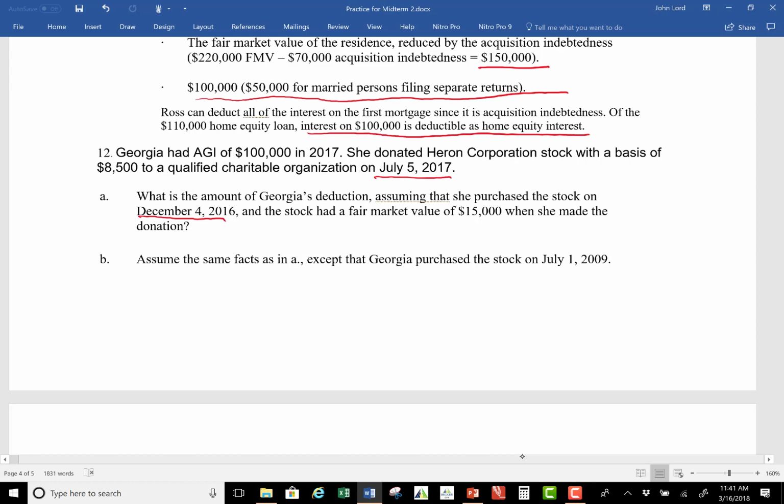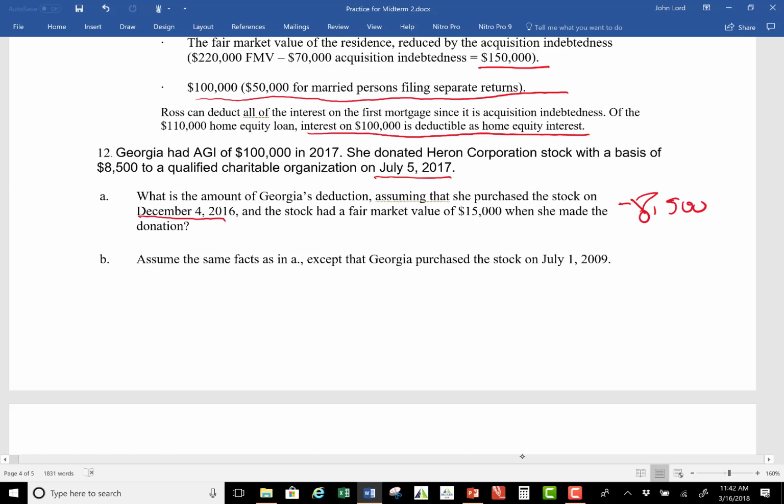So she has not held that stock for 12 months, so it's going to be treated as what? Ordinary income, short-term capital gain here, and so the deductible amount is going to be what? The basis, the 8,500, right?